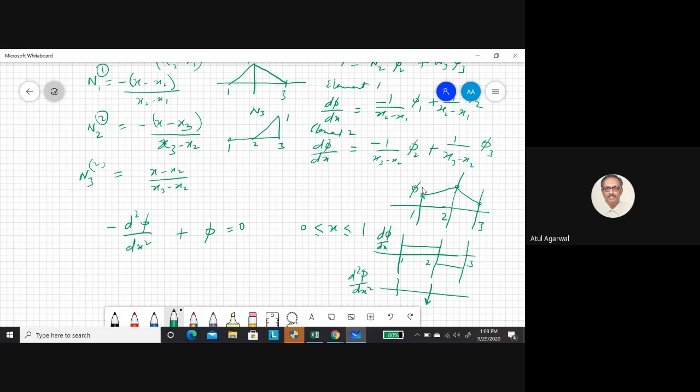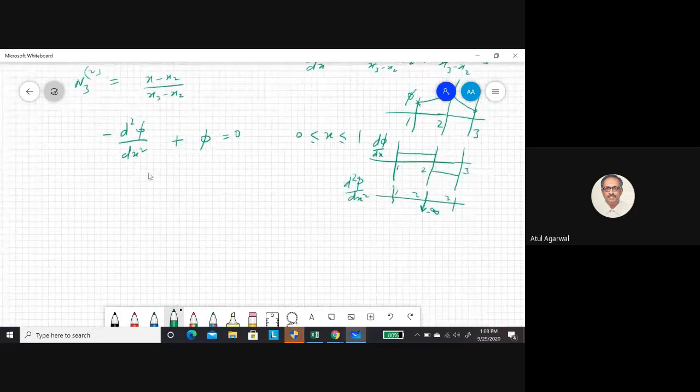So you're getting a value of minus infinity at x equal to 2 and otherwise 0 everywhere else. So if you try to use this kind of interpolation in this equation and try to integrate over the domain, this value of minus infinity is going to give you a problem here.